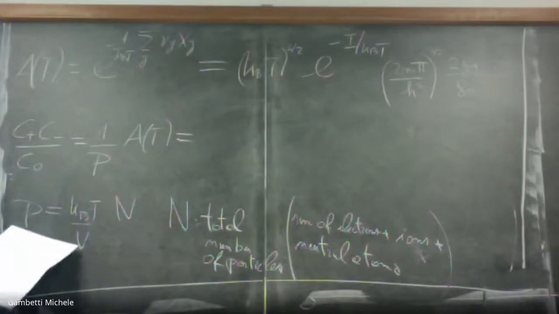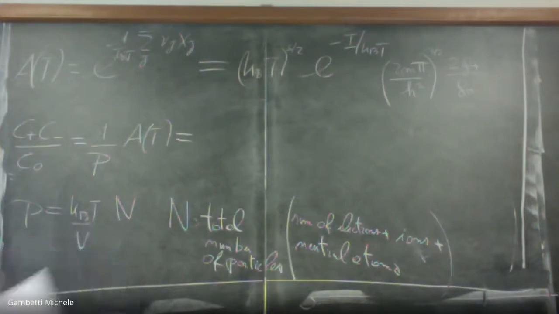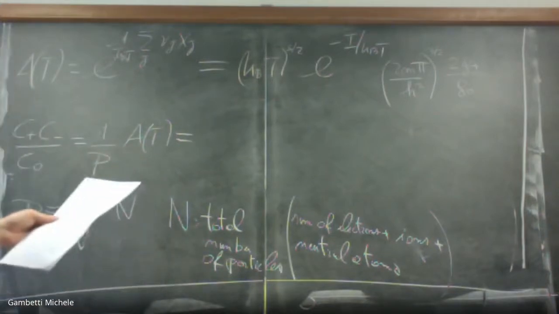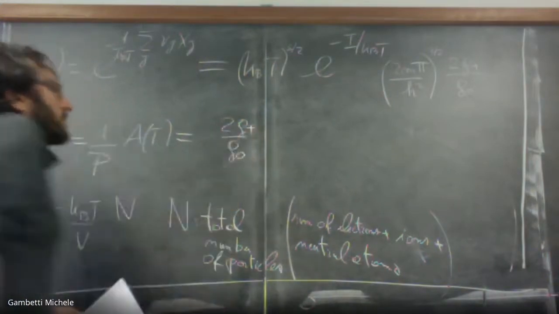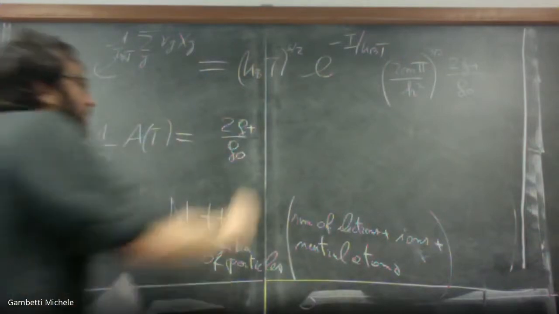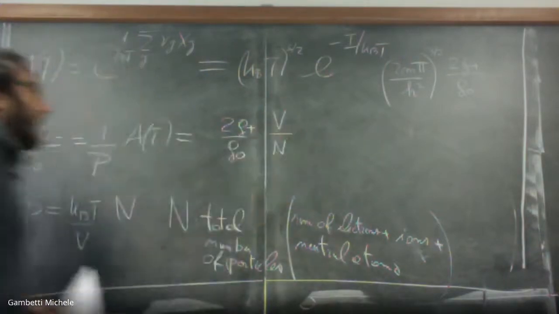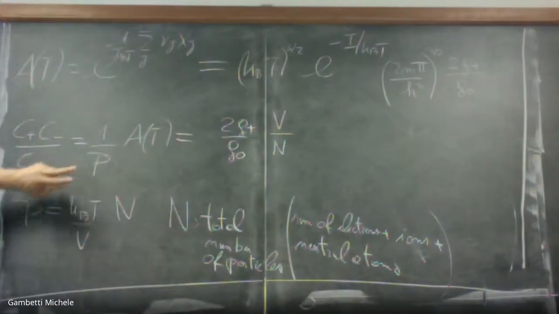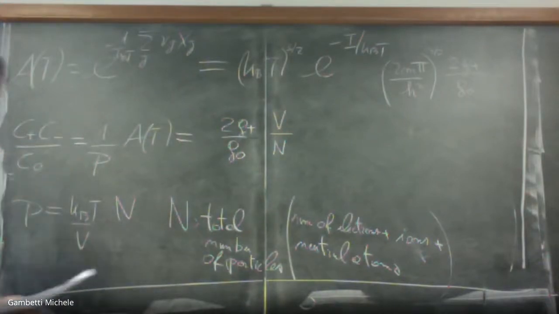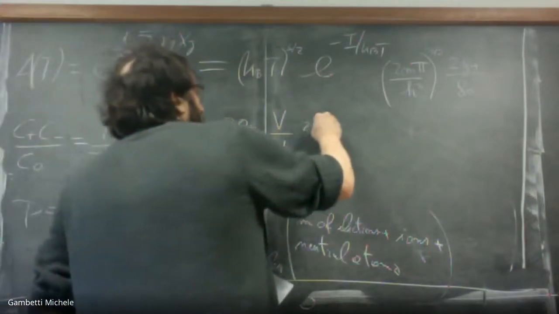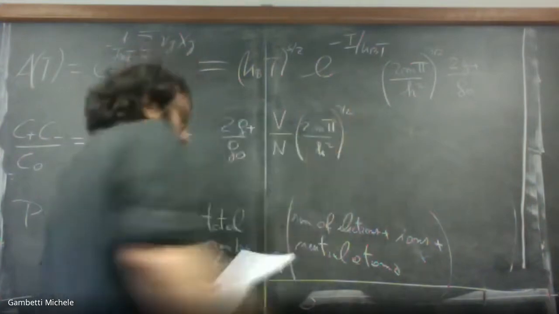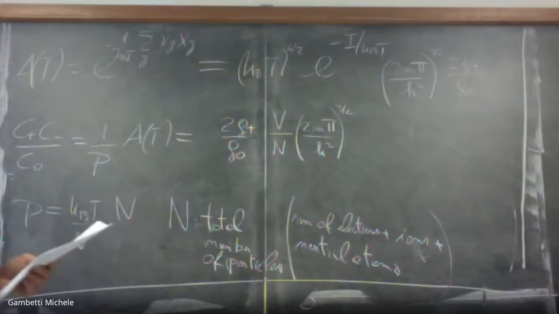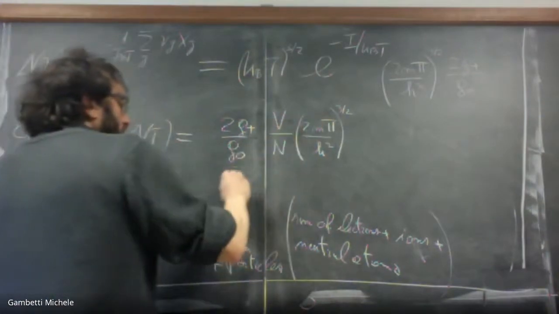So when I introduce the pressure in terms of kBT n divided by V, my mass action law has this form: 2g plus divided by g0 in front of my formula. Then I have V divided by N, which comes from the inverse of the pressure. And then I have 2m pi divided by h squared to the power of 3/2, where this m is the mass of the electron.